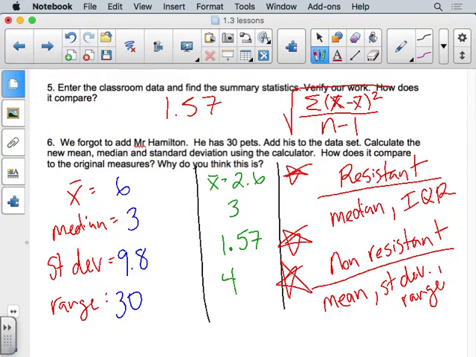So basically what that means is I want to use these resistant measures on skewed data because those are the ones with those kind of outliers. They're a little bit farther out. And I can use non-resistant measures because they're a little bit easier to find. I can use those on more symmetric data.